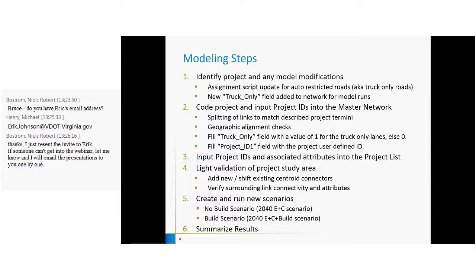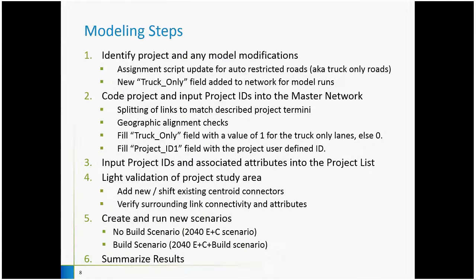This user-defined project ID is linked from the highway network, the master network, to a project list file, which is a CSV file. And so once you define the project ID, you have to enter it in both sources so that when you create the scenario using the scenario manager, it will export the correct links using the correct attributes as your scenario network.